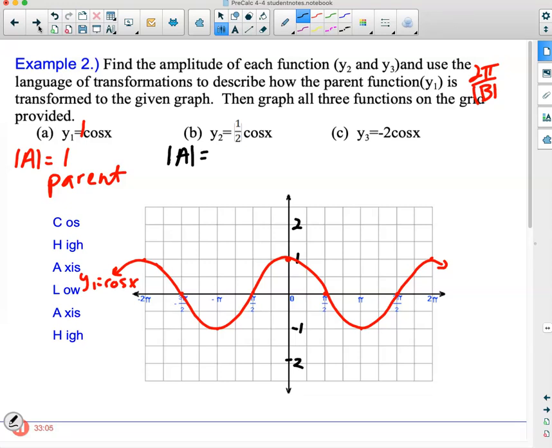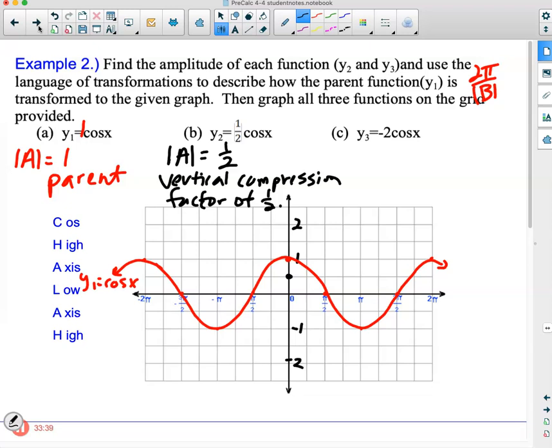Absolute value of A on this one is going to be 1/2. So that's definitely a vertical compression factor of 1/2. So we did a little description there. So now it doesn't go all the way up to 1. It only goes to 1/2. And it doesn't go all the way down to -1. It only goes to -1/2.